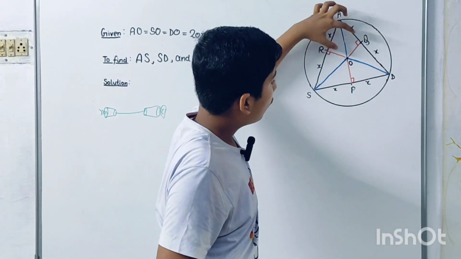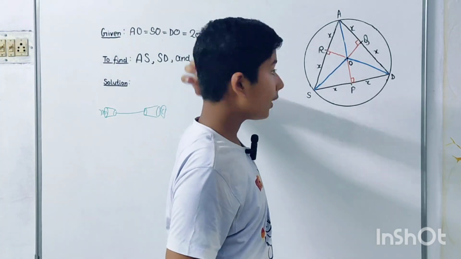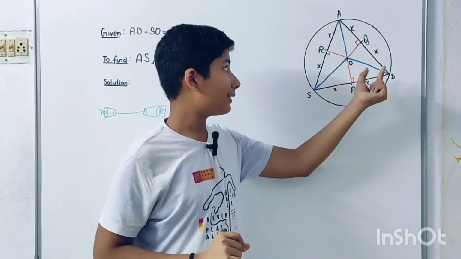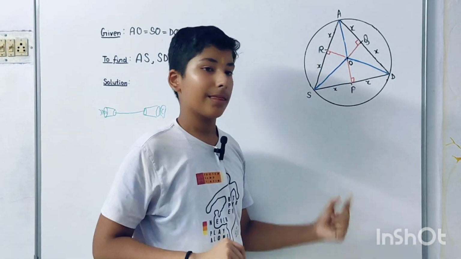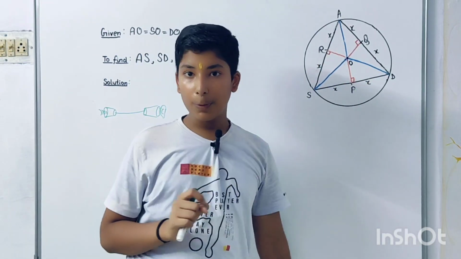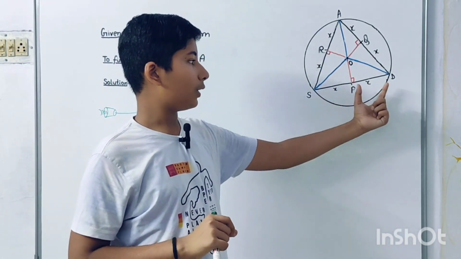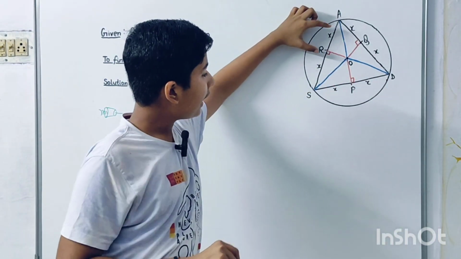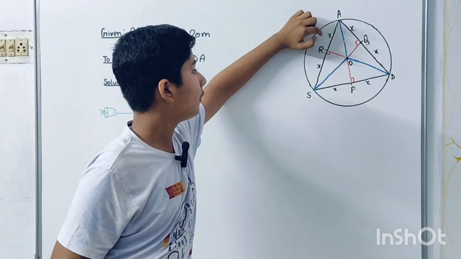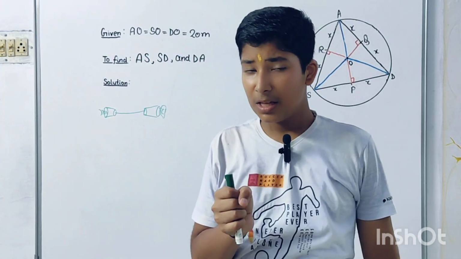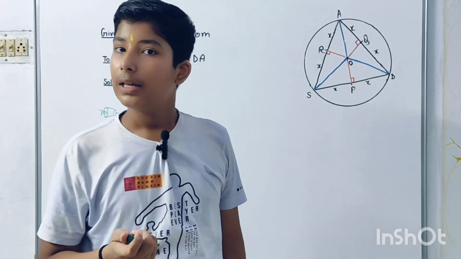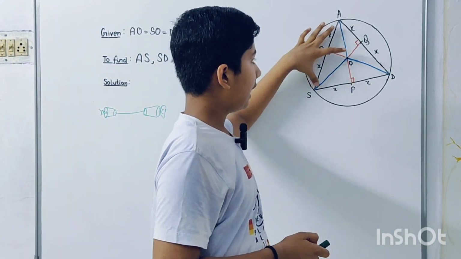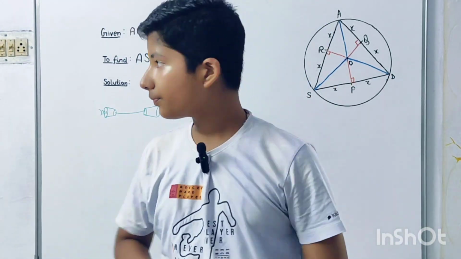OP, OQ, and OR are perpendiculars, but P, Q, R are the midpoints of lines SD, DA, and AS. So these are midpoints, means we can say SP equals PD, DQ equals QA, and AR equals RS. And why are all these named as X? Aren't they different? If you remember, I recently told you that the length of all strings is equal.